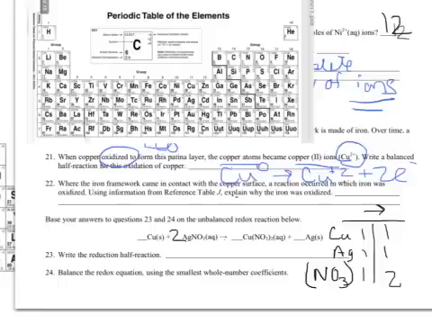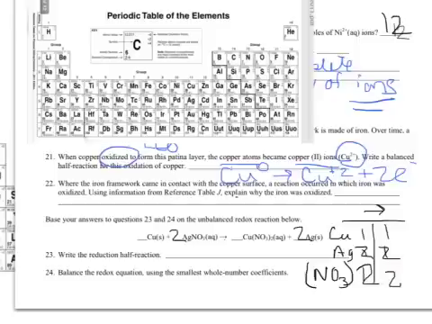So in addition to now having 2 nitrates, I'm also going to have 2 silvers. So my silvers are not balanced. So I'm simply going to add the coefficient of 2 in front of the silver on the product side. Now, when I look at my t-chart, I have the same number of atoms on both sides of my chemical equation. So my equation is balanced.